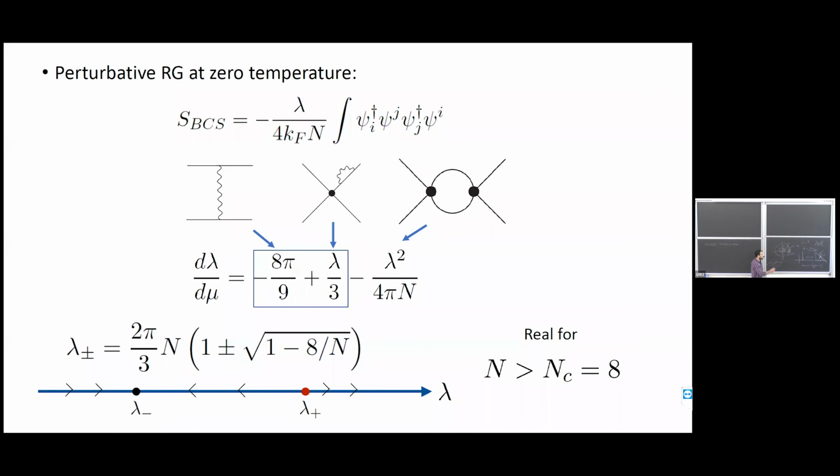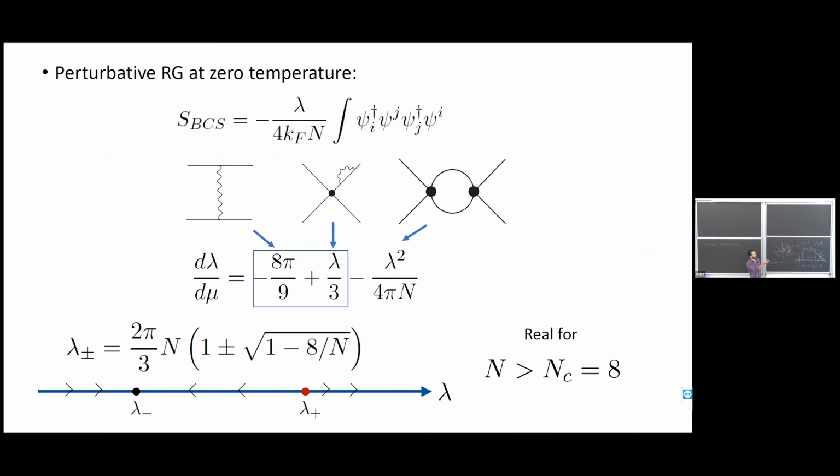Both are real, so they exist when n is large enough, bigger than 8 in this case. That means that for n bigger than this critical value, the non-Fermi liquid part prevails, and the system, instead of going to a superconducting phase, goes to a non-Fermi liquid, but now with finite BCS couplings.